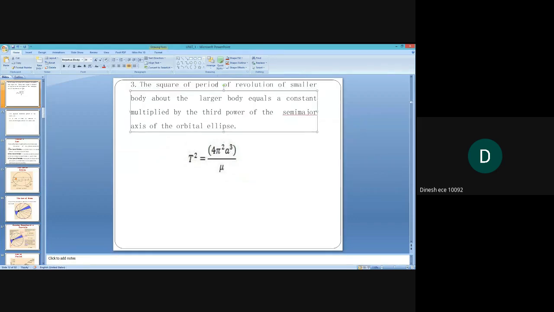Next is Kepler's third law. We have three laws.